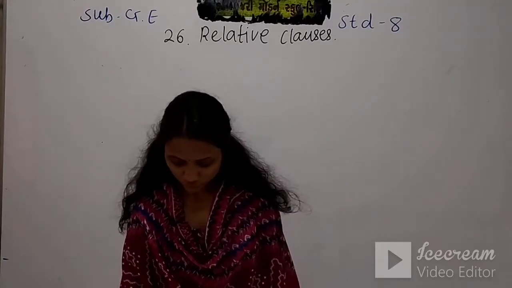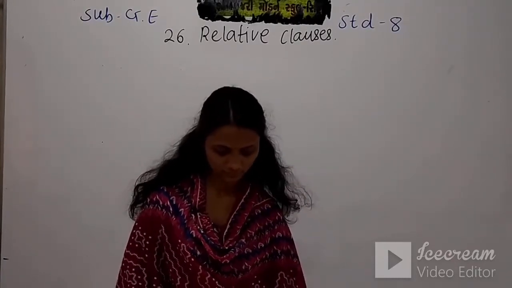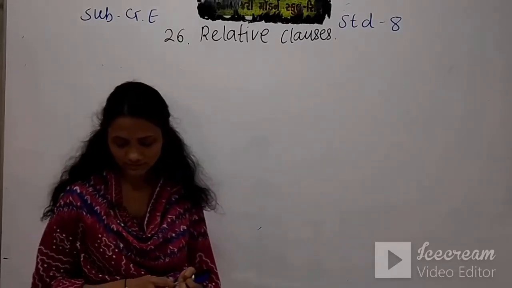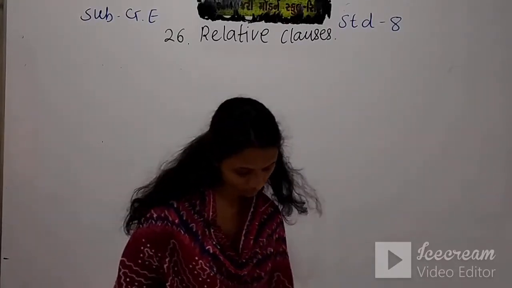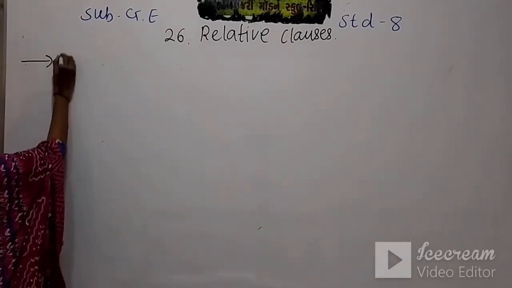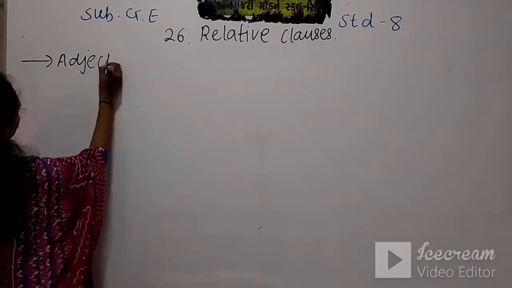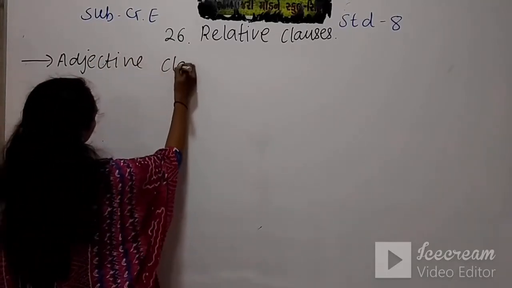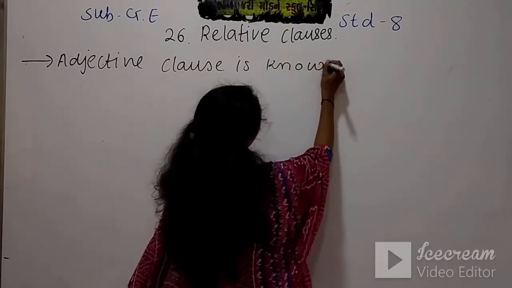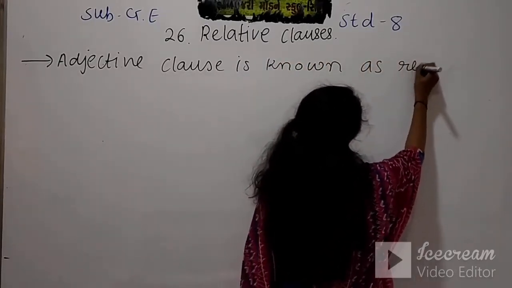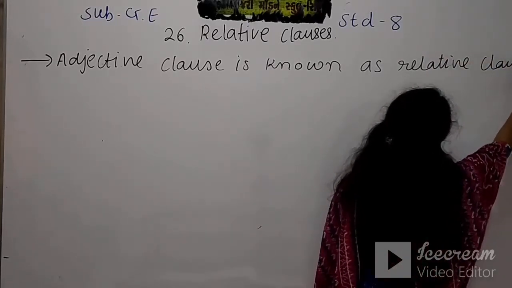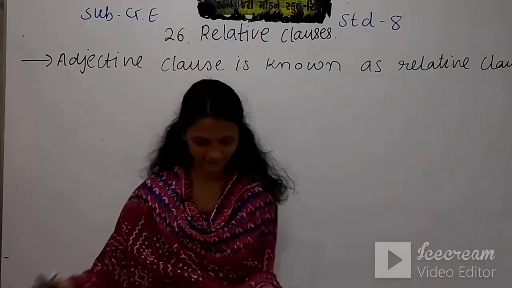So what actually is a relative clause? A relative clause tells us which person or thing is referred to by the speaker. An adjective clause is known as a relative clause.